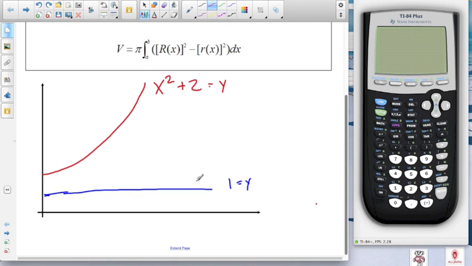Then if we take the area between those two functions, so let's say we want to integrate from point A here out to some point B, and we want to revolve it around the horizontal axis here, then we're revolving this shape in this region.